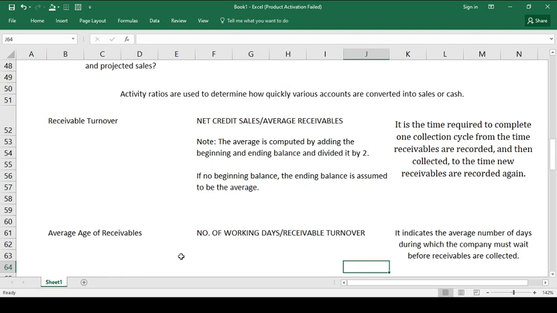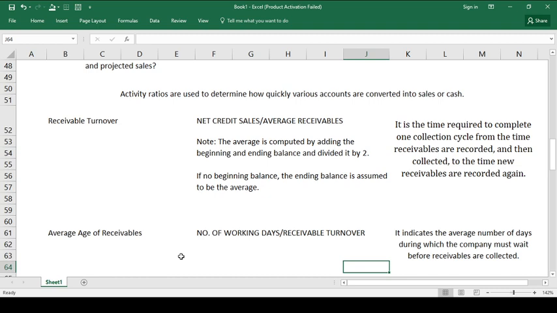And then we divide 360 or 365 days, depending on the problem, by the receivable turnover that we computed, so that we can determine, okay, yung average age of receivable, which will indicate the average number of days during which the company must wait before receivables are collected.